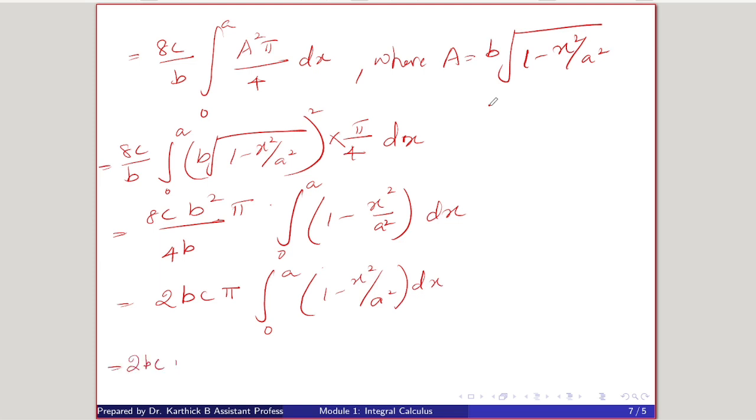Then we can split the term. It will be 0 to a dx minus 0 to a x square. I may keep 1 by a square as a constant.